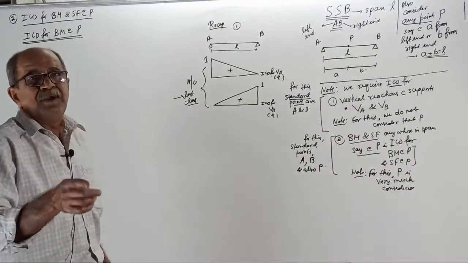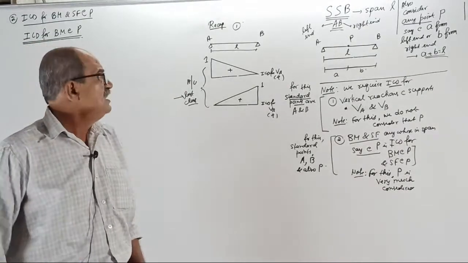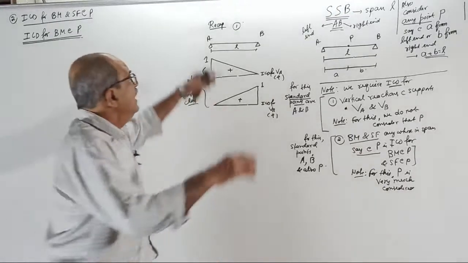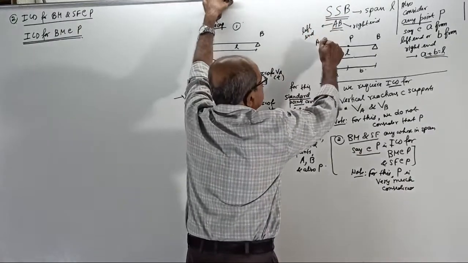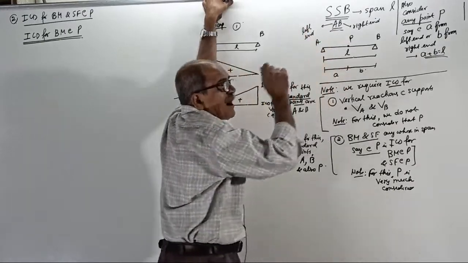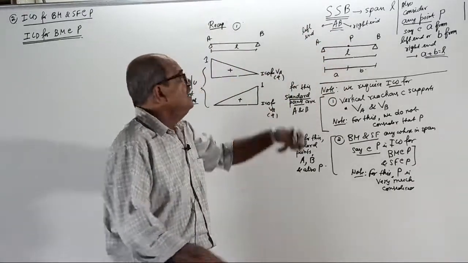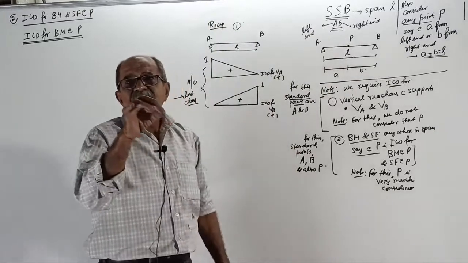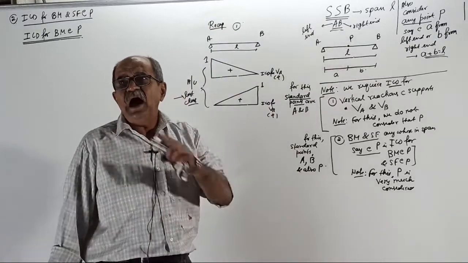Now, we have to consider the movement of the unit load. So you have to place the load here, here, here, here, here. Infinite points are there, not required. You take the load at a point at an unknown distance.